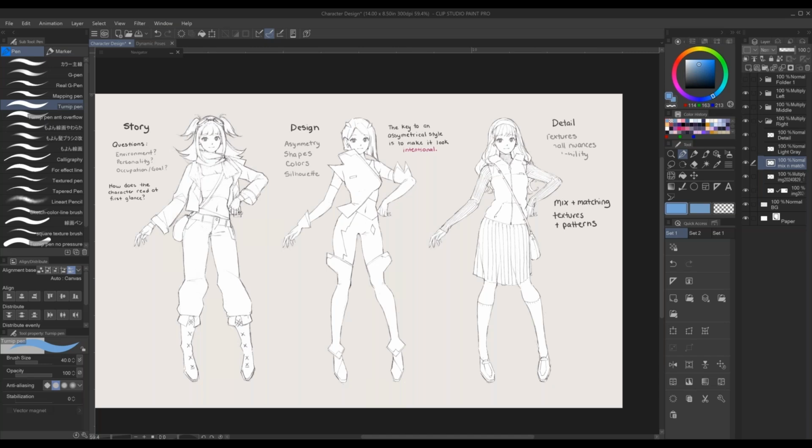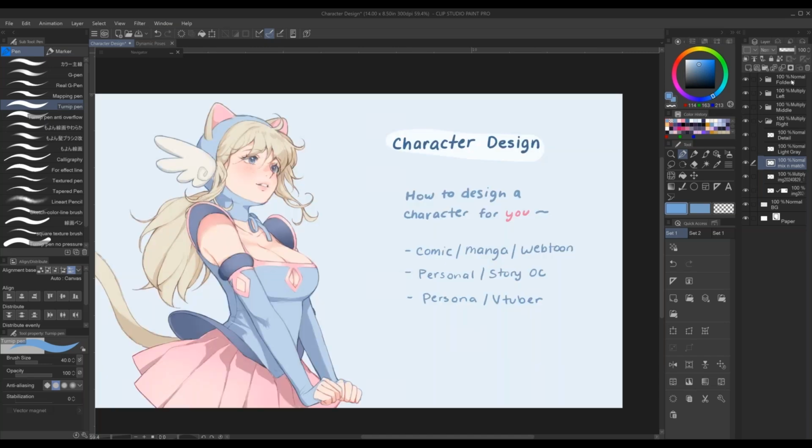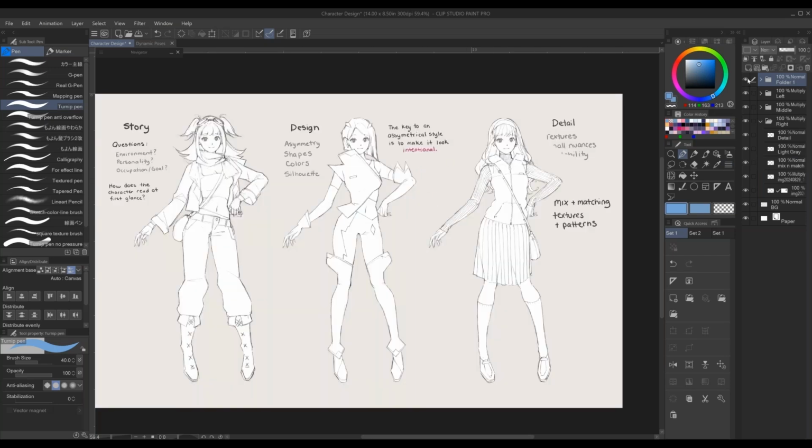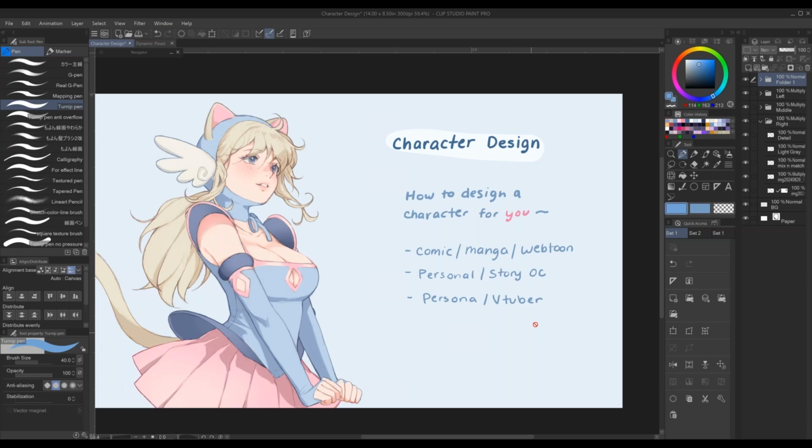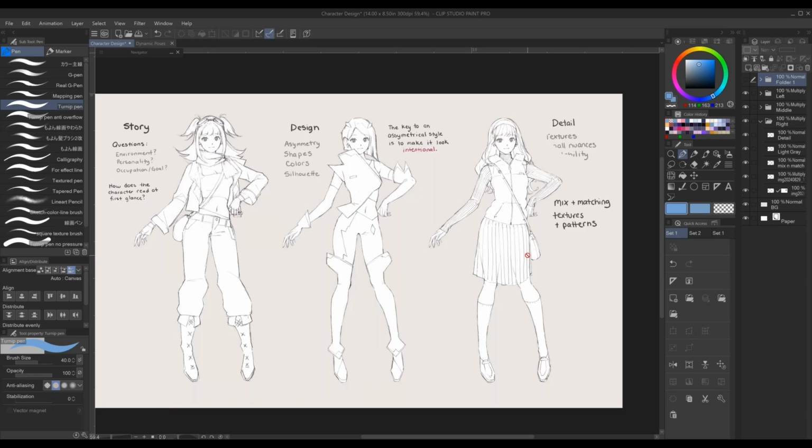And really quickly to cover this, now that we've discussed some different character design elements, we can feed back into this with designing a character for you specifically. What I mean by that is if you're making a character for, say, a comic or a webtoon, you're going to consider these aspects, but maybe you're going to avoid having too many textures or too many small nuances, because this is a character that you're going to be redrawing over and over and over again.